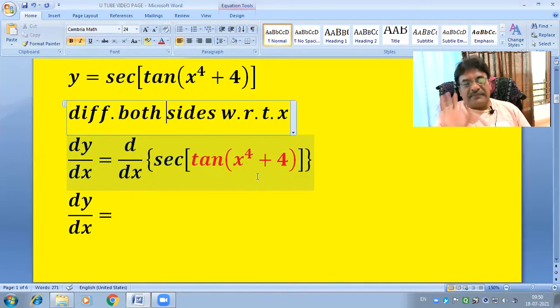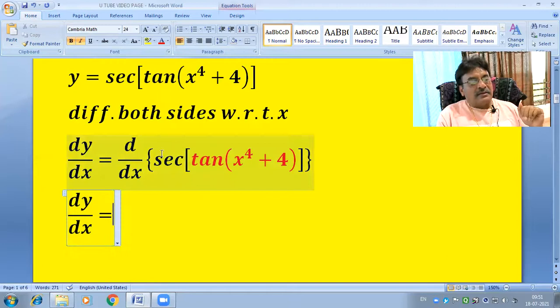In this formula, f(x) is replaced by the red color function tan x to the power 4 plus 4.